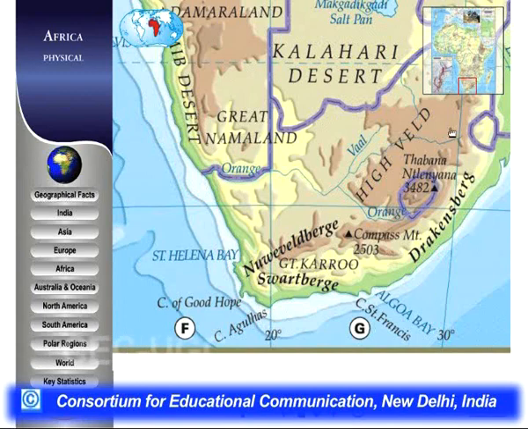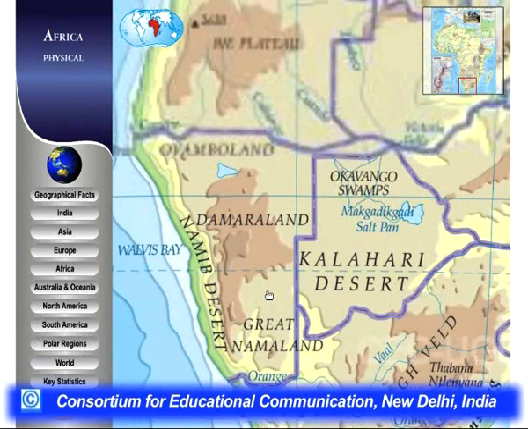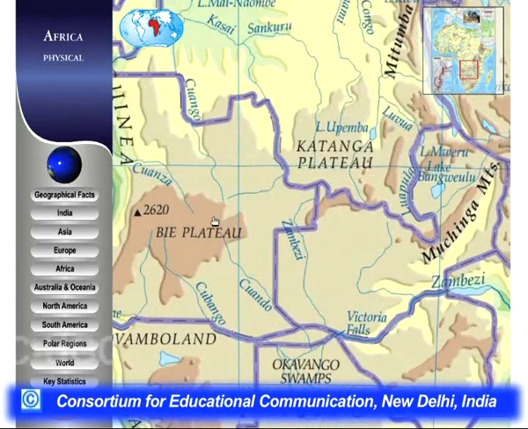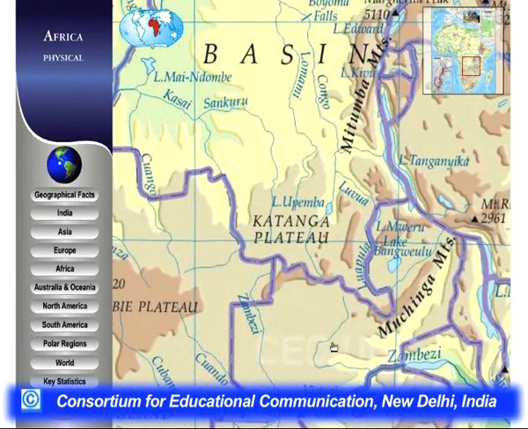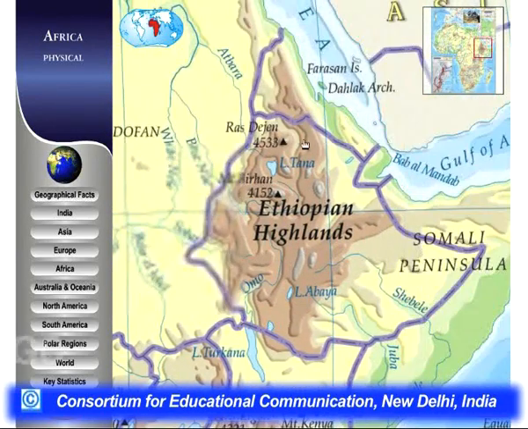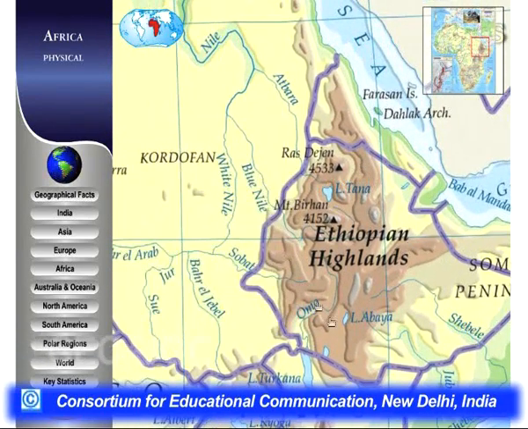Then all the plateau region like Veld Plateau, Damerland Plateau, Bai Plateau, Katanga Plateau, Muchinga Mountains. Because of heavy rainfall, these mountains converted to plateau. Mitumba Mountain. And this is the Ethiopian highlands.